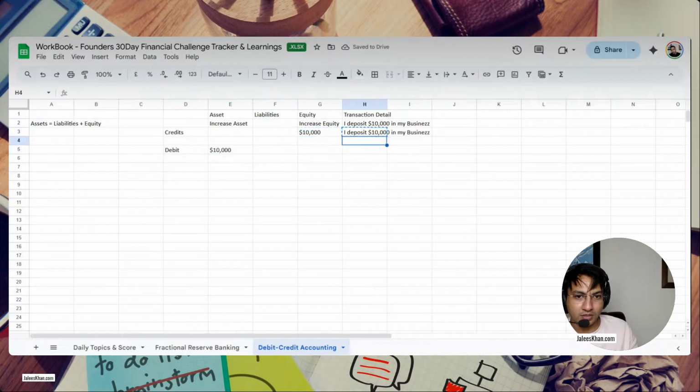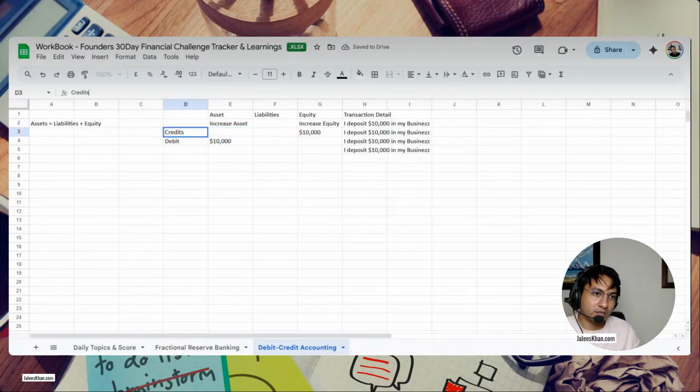So in this transaction detail, what happens is that I deposited the amount here, say credit debit. So that's the entry, and credit debit tell us from where the money comes and where the money landed. So it comes from equity and it landed into the asset.